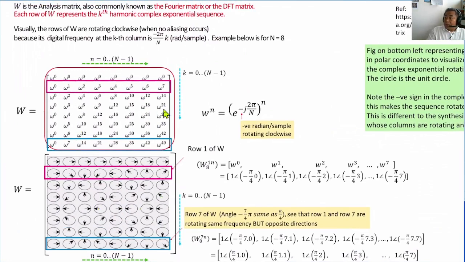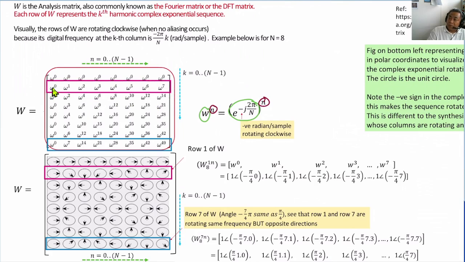The small little w is this expression here, e to the minus j 2 pi over N times that little n here, where this little n is this little n. So what happened? Well, we're interested now to visualize what happened in this row 1.